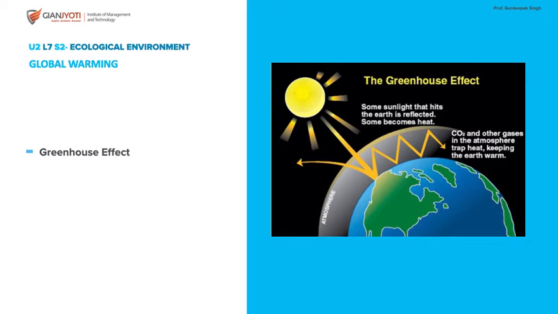And some of the sunlight, the heat, is taken by CO2 and other gases in the atmosphere, outside the Earth's surface.